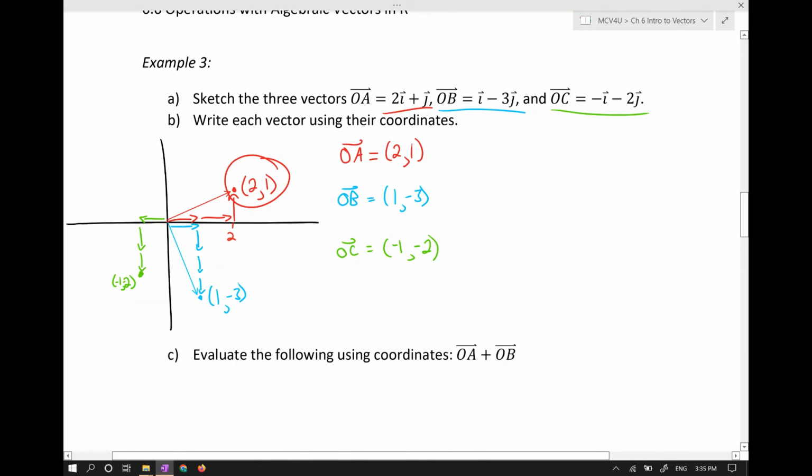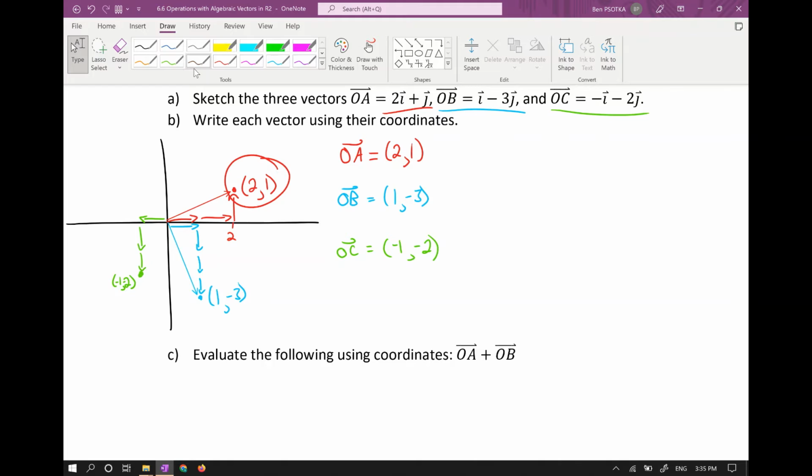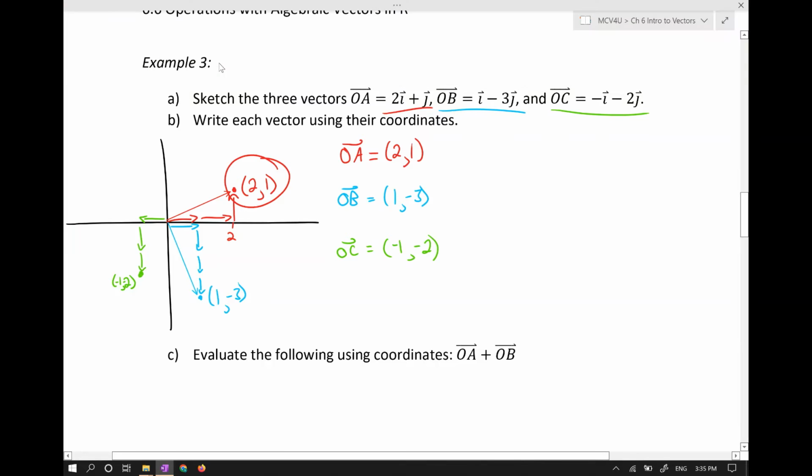Fantastic. Now, using these coordinates, let's play around. We're working with OA plus OB. That's what they're asking us for down here in part C. OA, we've already done something like this. If we're working with our coordinates, it can really help to have this sketched in.